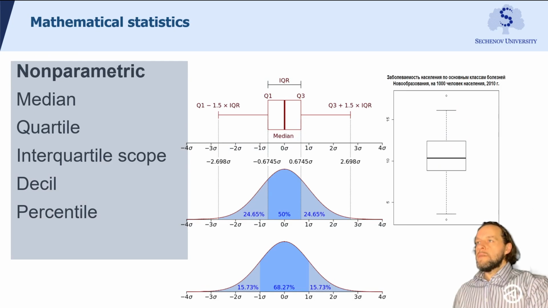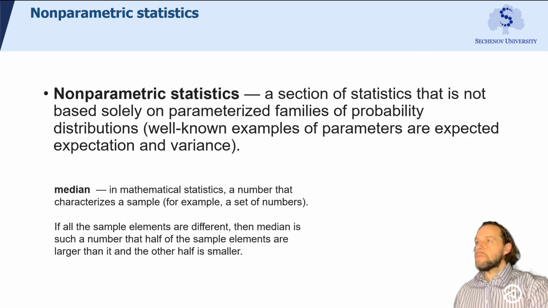Non-parametric statistics will be related to median, quartiles, interquartile scope, decile, percentile, and so on. Non-parametric statistics is a section of statistics that's not based solely on parameterized families of probability distributions.